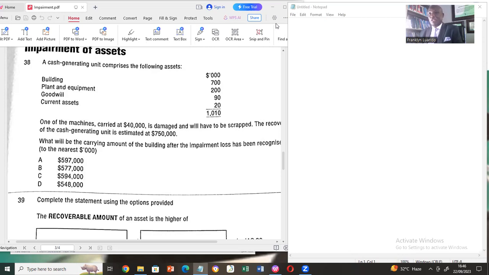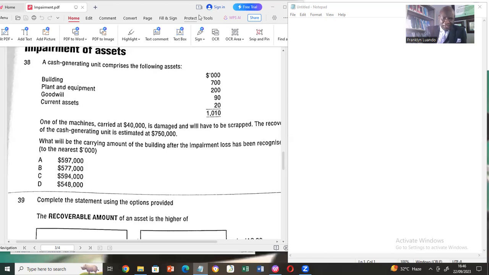So the focus will be the definition of impairment, definition of cash generating unit, and definition of value in use, the definition of recoverable amount, and also how to allocate the impairment loss in the cash generating unit. So those are the items that we are going to look at. So I'll get started with the definition of impairment.